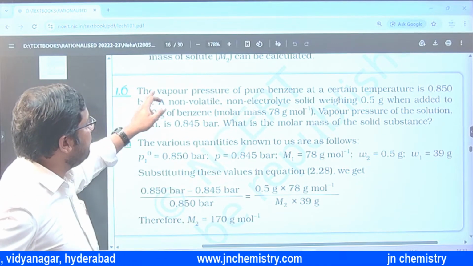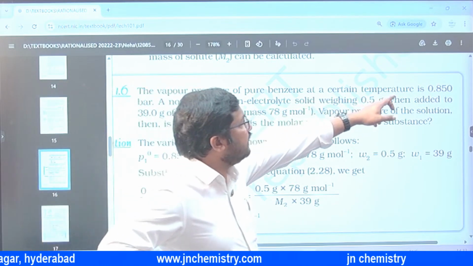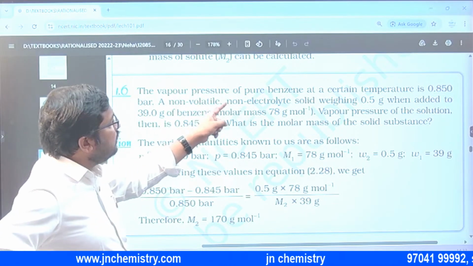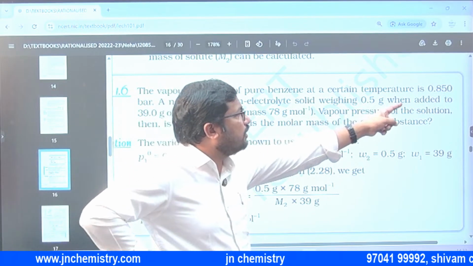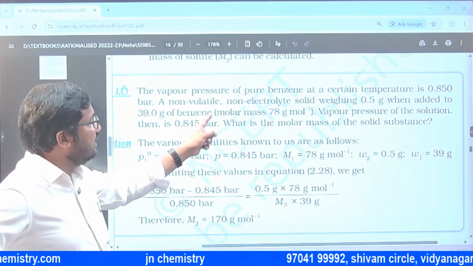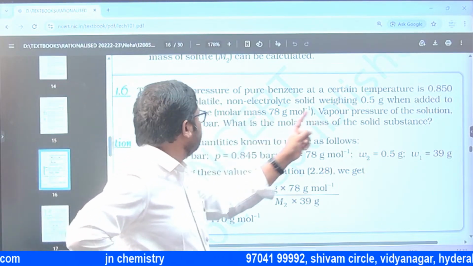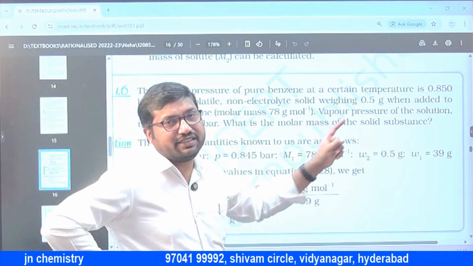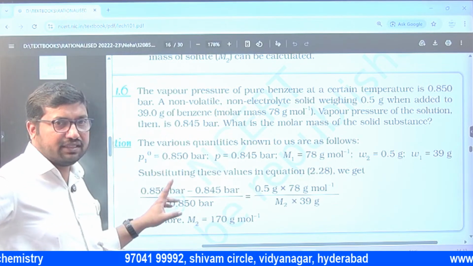P naught is the vapor pressure of pure benzene at a certain temperature, given as 0.80. A non-volatile, non-electrolyte solute weighing 0.5 grams is added to 39 grams of benzene. Molar mass is 78, and the vapor pressure of the solution is given. What is the molar mass of the solid substance? Is everything clear?